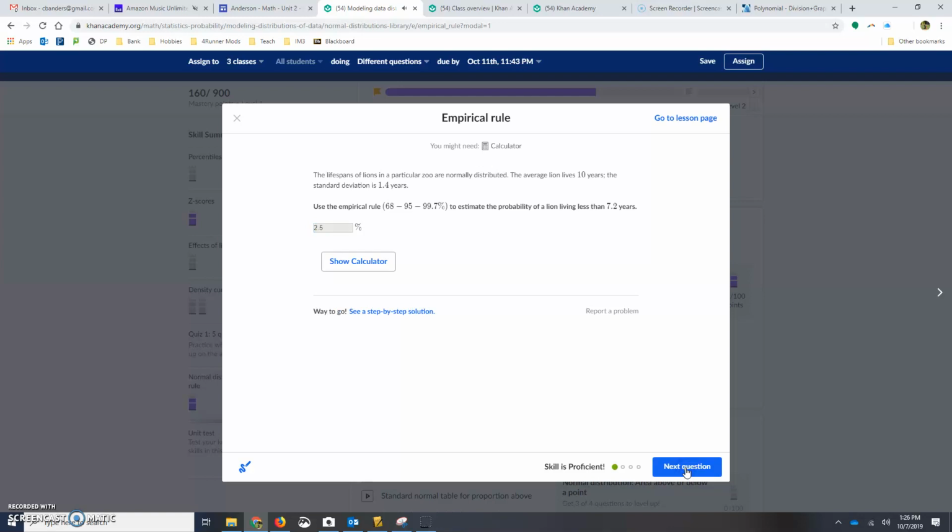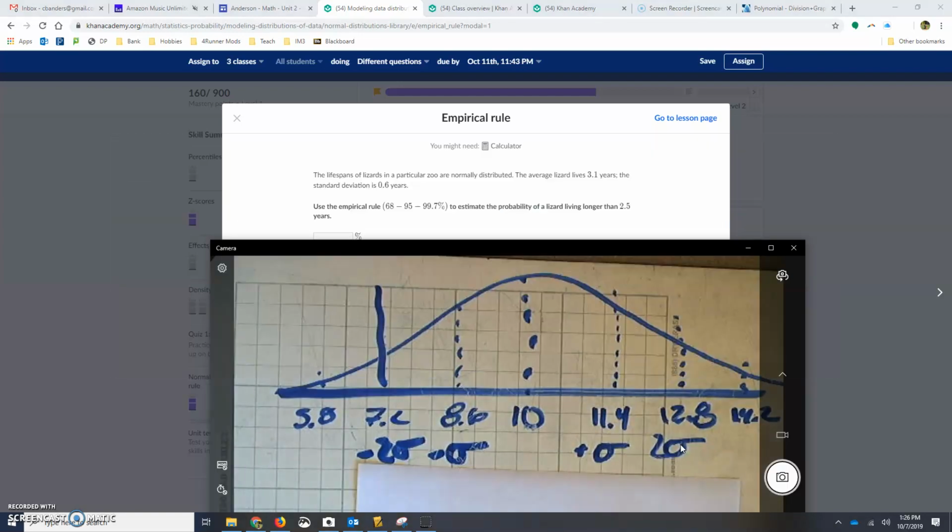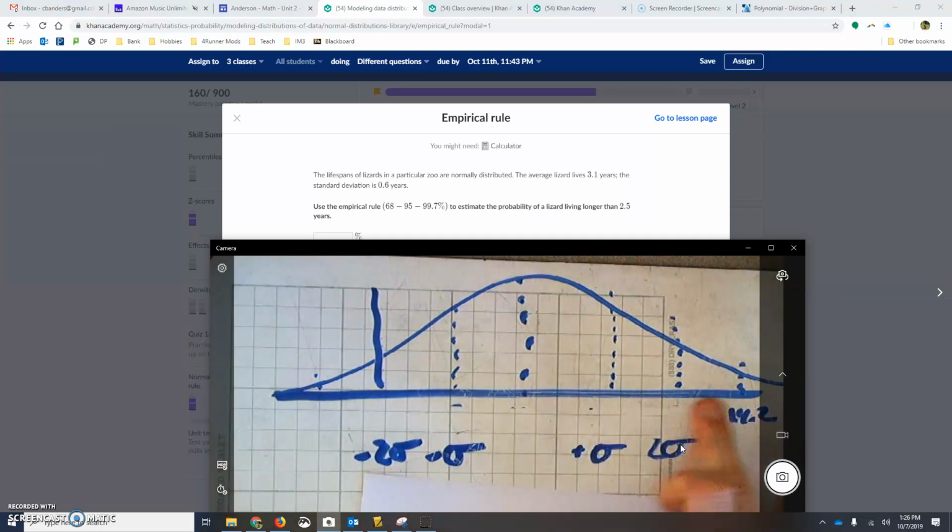Okay, so next question. All right, so lizards live 3.1, and the deviation is, so this is going to be 3.1 now, so you can basically just erase these numbers here and put in our new ones. So we get 3.1 in the middle, and then our deviation is 0.6.